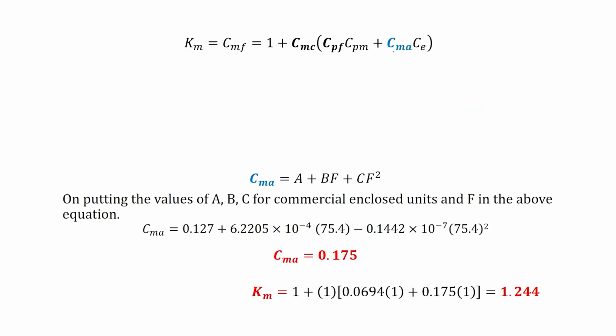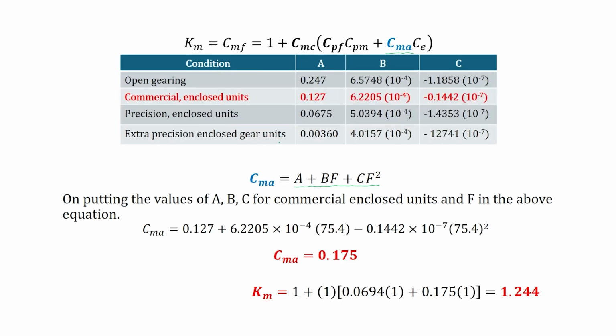Now, the next factor is CMA. CMA is given by this formula, A plus B face width plus C face width square, and this A, B, C are given in this table. Based on the condition, either open gearing, commercial enclosed unit, precision enclosed unit, or extra precision enclosed unit, we will get the values of A, B, C. Selecting commercial enclosed unit, the values of A and B are given by these red color fonts.